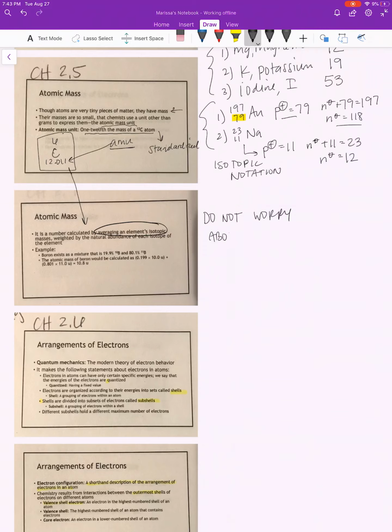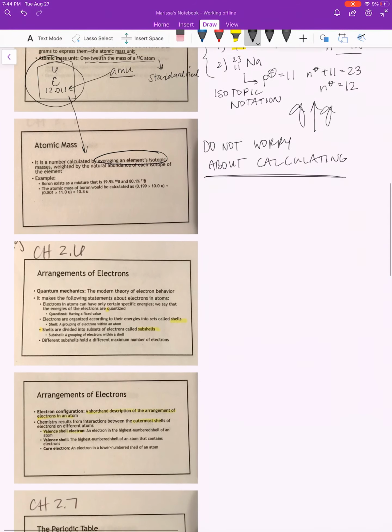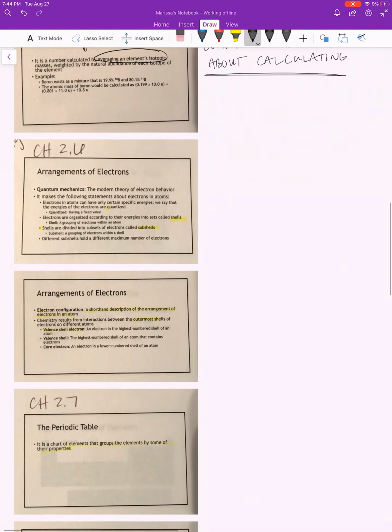Okay, I'm not going to ask you to calculate this. But I simply want you to understand why up here we talked about everything being whole numbers, but then when you look at the periodic table, as in here, they're not whole numbers. Okay, and that's simply because of the isotopes, but it should not impact how you do the calculations we did earlier in our skill building exercises. Okay, those are bad arrows, but that's what they should be.